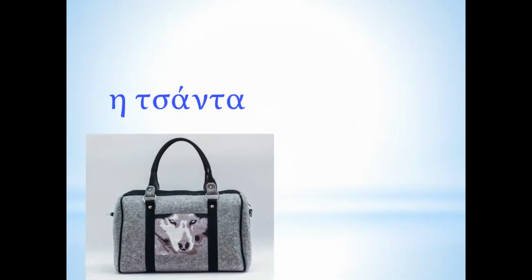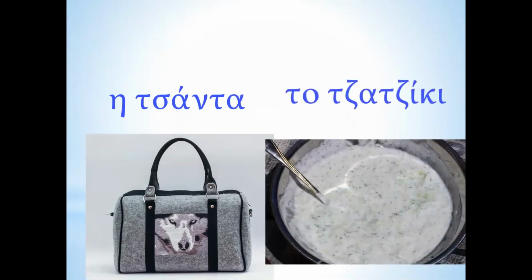Tau and sigma together make ts. So, i tsanta. And here in this word for handbag, we've got the two unions that we've seen so far: the ts, which is a ts sound, and the nt, which is made up by ni and taf. And tzatziki, to tzatziki. We have taf and zita, z.